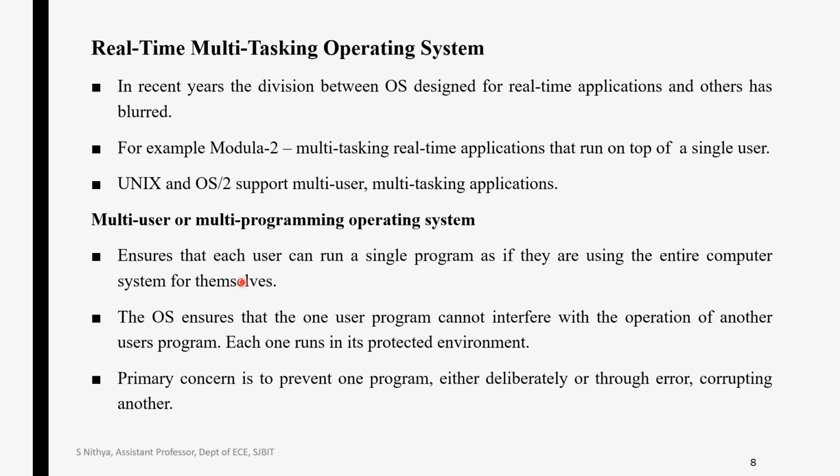The operating system ensures that one user program cannot interfere with the operations of another program. Each one runs in a protected environment. The primary concern is to prevent one program, either deliberately or through a user error, from corrupting others.